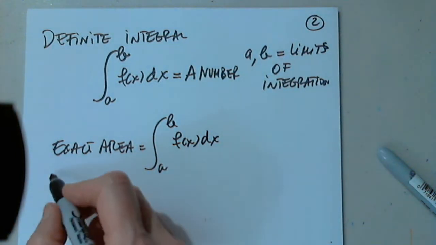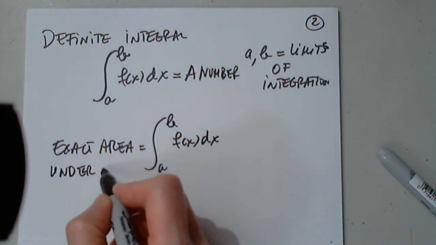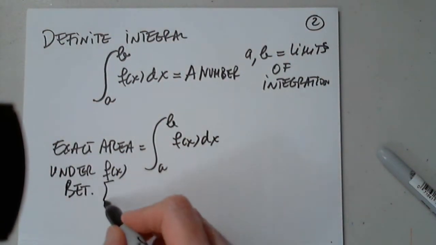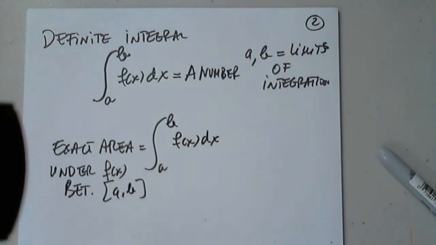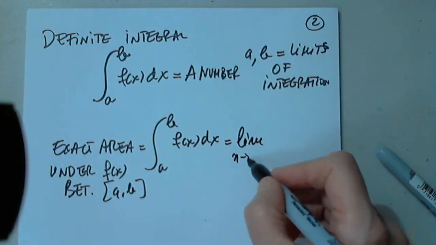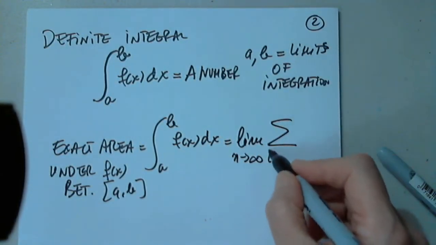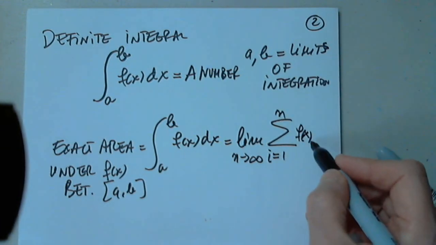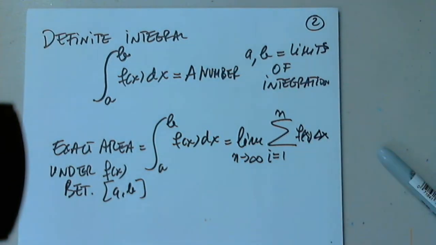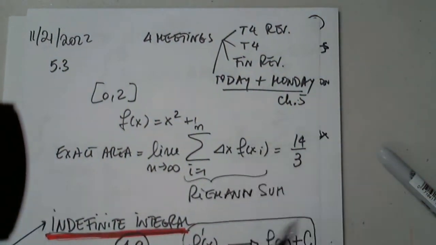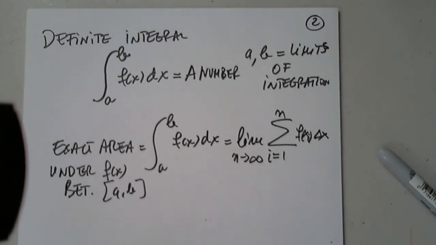What exact area? Under f of x between a and b, which is the same as the limit as n approaches infinity of the sum from i equals 1 through n of f of x i delta x. This is the exact area.